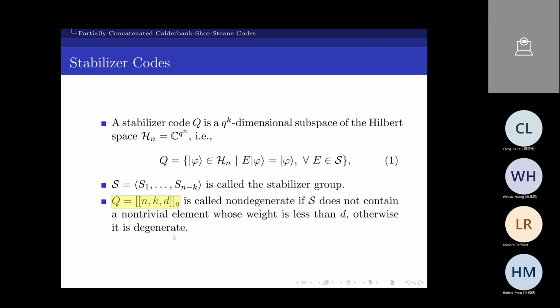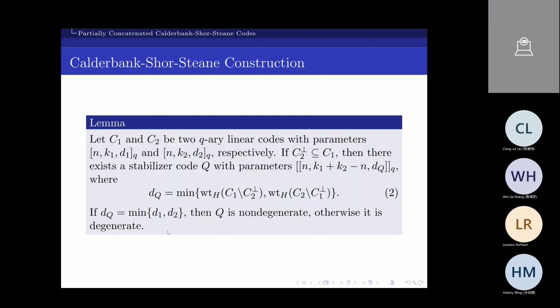Otherwise, it is degenerate. And here is the famous CSS construction. That is, if we have two classical linear codes that satisfy the dual containing condition, then there exists a stabilizer code with the parameters.